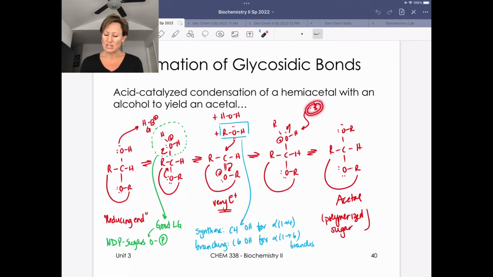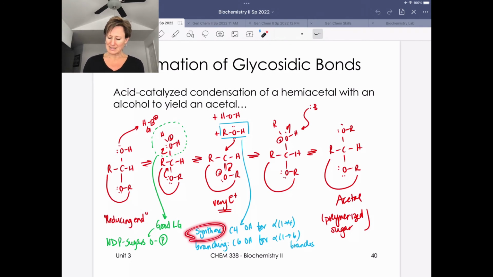Now again, whether you deprotonate your alcohol on the way in or you let it do its chemistry first and then deprotonate it, we generate our acetal here. Again, that is our polymerized sugar, because if this ROH group is the C4 hydroxyl on another glucose residue, that's how synthase is going to use that glucose to synthesize our polymer.